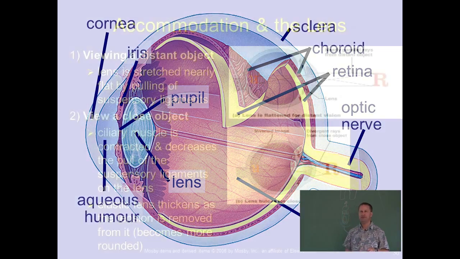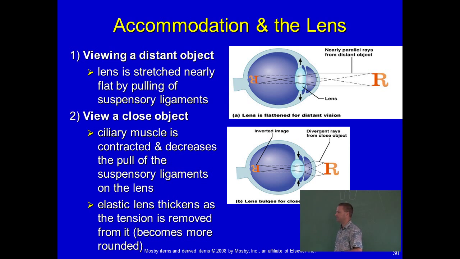So accommodation is the process of focusing, and focusing involves the cornea and also the lens. The cornea is passive, it doesn't change shape, but the lens can change shape. If you're looking at something that's very far away, you're going to have a nice pancake-shaped lens.